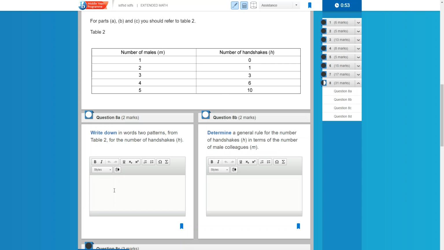So one suitable pattern could be the number of handshakes goes up 1 more than the previous one. Okay, so the first one goes up by 1, the second goes up by 2, third one goes up by 3, and so on. We could accept that it is a quadratic progression.